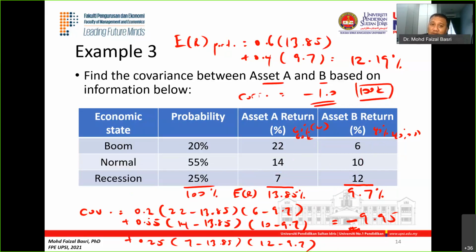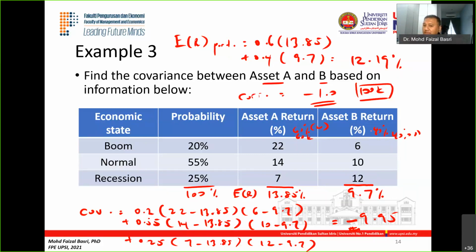So this is the concept of a portfolio. If I have 100,000 and I invest everything in stock A, I'm going to have an expected return of 13.85%. But I have a certain risk involved with stock A, obviously, because I haven't calculated the variance and standard deviation here, so I cannot show you how much the risk is.